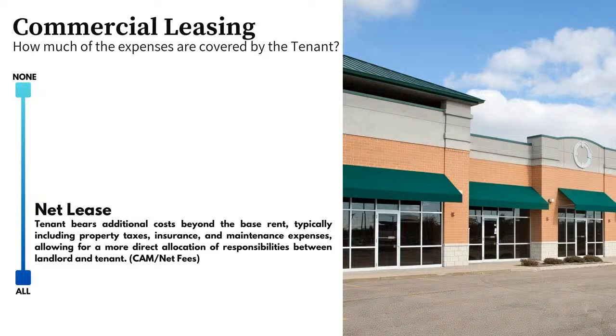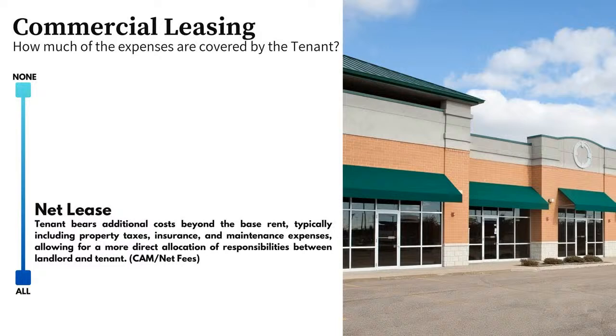Net lease is where we're moving in even more stuff onto the tenant. So now we're starting to pay things like CAM or common area maintenance and net fees. So the tenants are now starting to reimburse the owner on these types of leases, on a net lease, for some of their, or ideally all of their operational expenses. Okay, so CAM fees, common area maintenance fees, could be landscaping and janitorial.